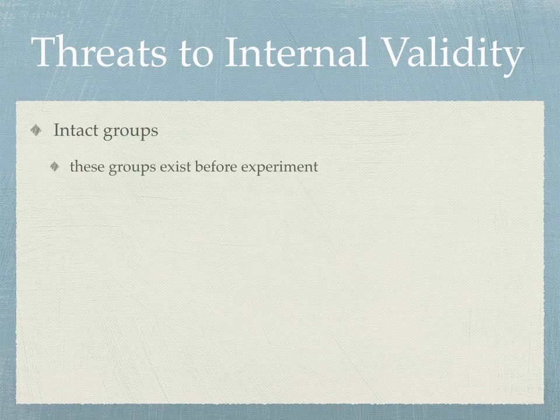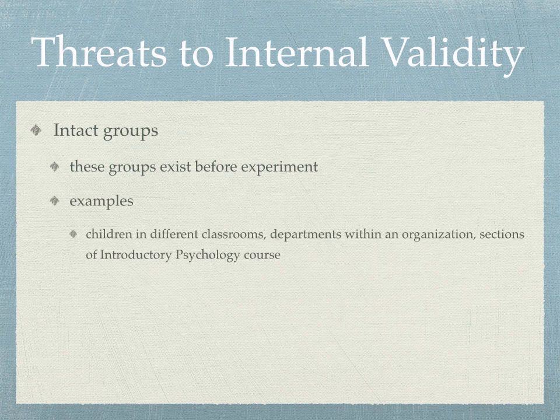So again, with intact groups, these are the groups that exist before the experiment. These are those natural groups designs that we talked about in the previous lecture. Examples of these include maybe kids from different classrooms, departments within an organization. So maybe we're looking at just, within the college, the psych department versus another department.